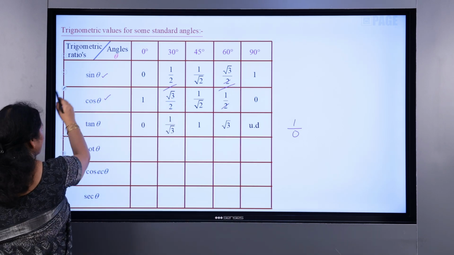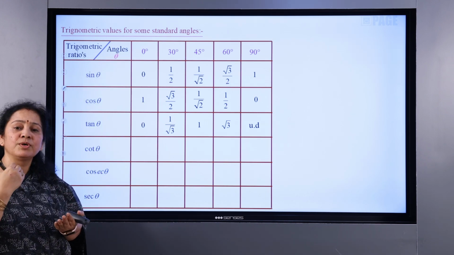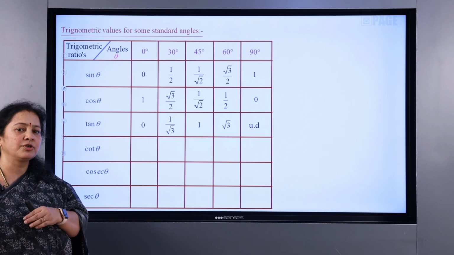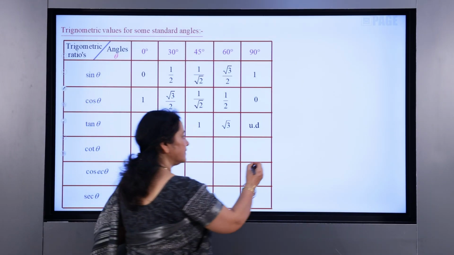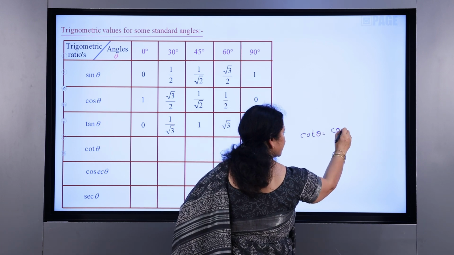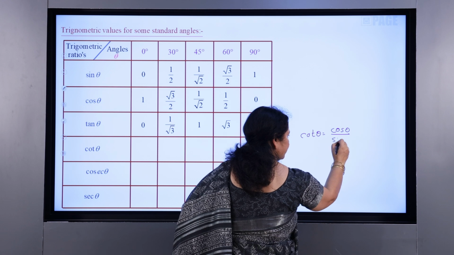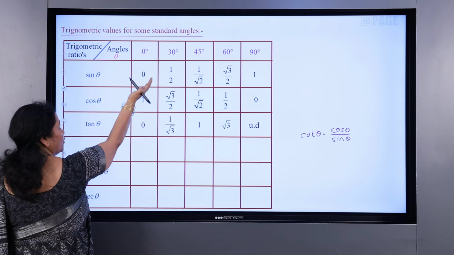So summarizing all this again, in fact if you know only sin theta, all the rest of the terms could be written. Now for cot theta values, we know that cot theta could be written as cos theta by sin theta. So this value upon this.